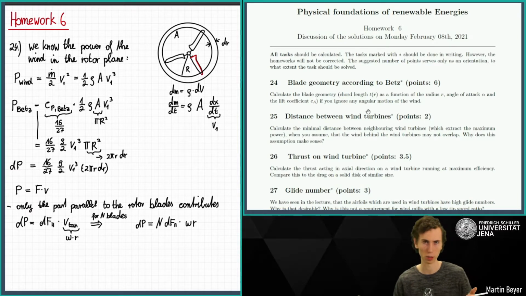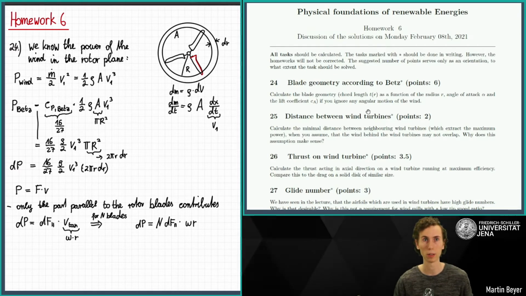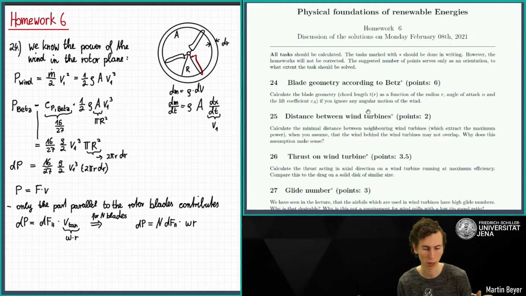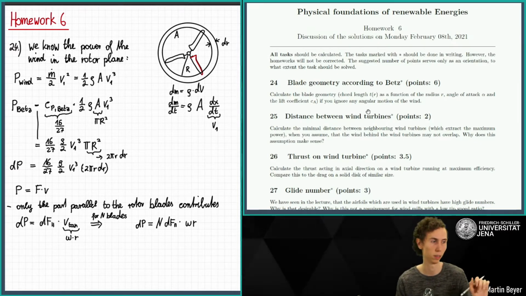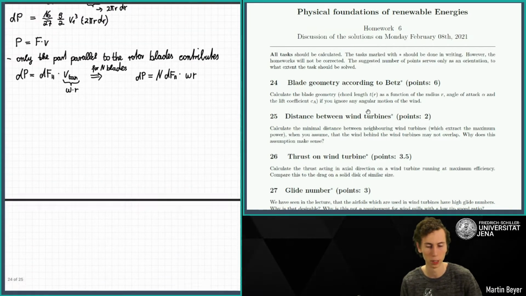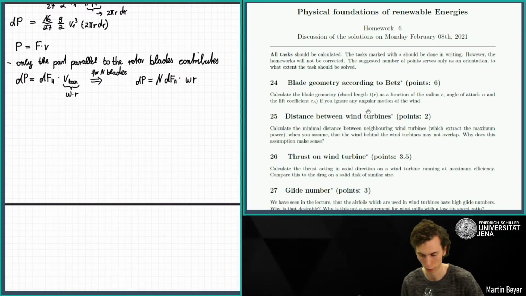For the classical wind turbine that we have here, the most contributing factor is actually the lift and not the drag. Whereas some other wind engines, and we will come to that in one of the next exercises, actually use drag. But here we assume lift.